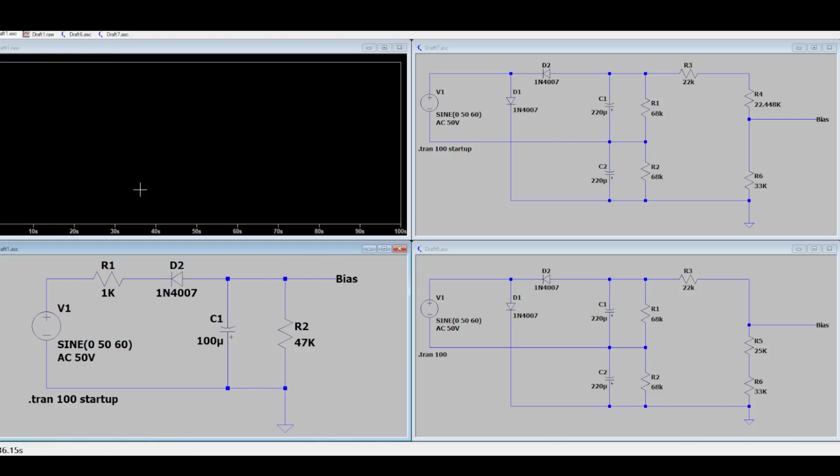So if we run this simulation first for the stock circuit, and then measure right here, okay, we can see we start at 0. This curve here is the time it takes for this capacitor to charge to then get up to operating voltage. During that time, our voltage will be rising in a negative direction, or decreasing, however you want to think about that, to settle out at its DC point.